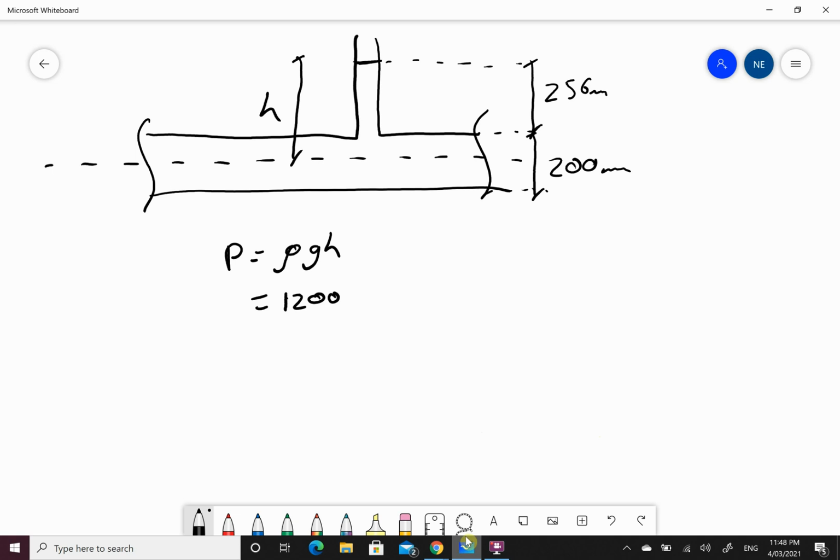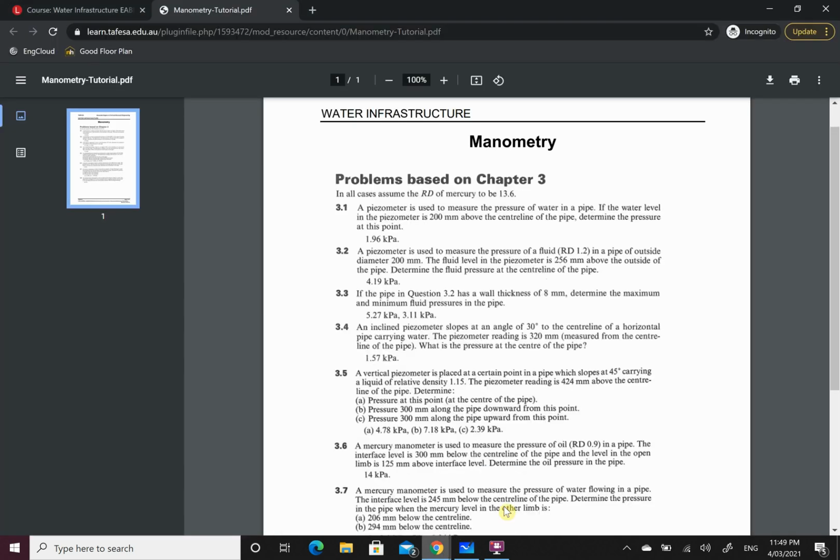So my density, 9.81, and the height here is just converting to meters. 256 gets me to the outside, plus 0.1, 100 mil gets me to the halfway. What this works out to be is 4.19 kilopascals. Cool. Question 2 done. 4.19 kPa.